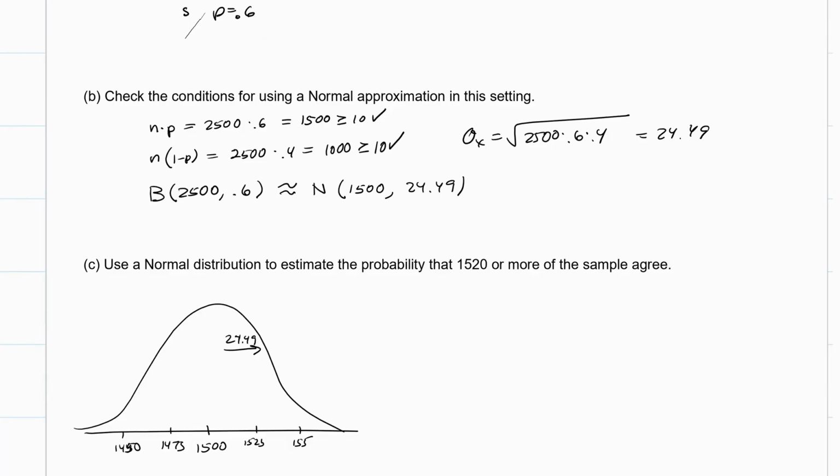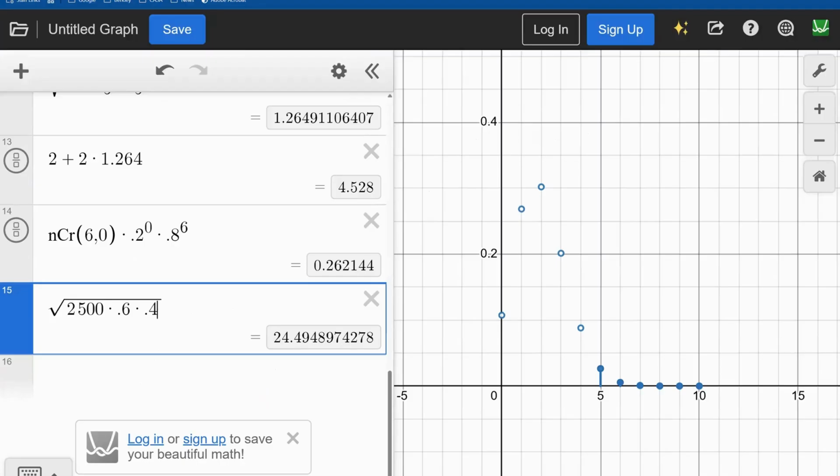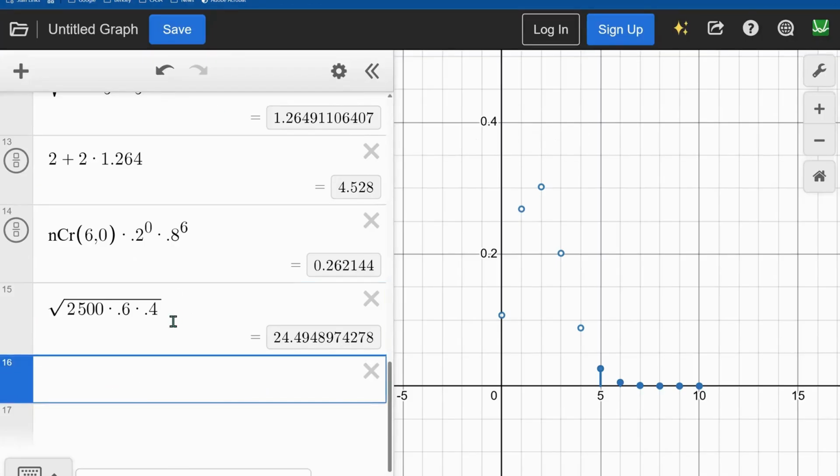And we're trying to find the probability of 1520 or more. So the probability that X is greater than or equal to 1520 is going to be a normal distribution problem.